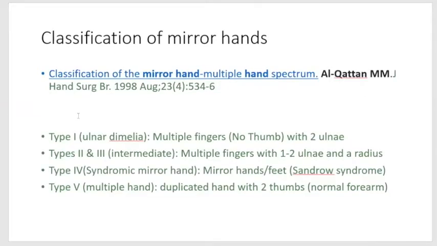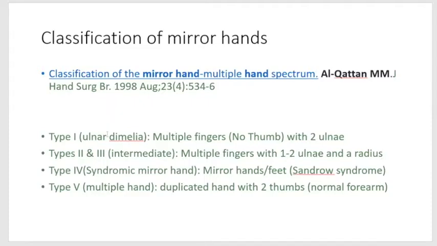Now, I was lucky that in 1998, I thought to write a short paper to the British Journal of Hand Surgery at the time on the classification of mirror hand, multiple hand spectrum. Until now, this is the classification of mirror hand deformity that you find in textbooks, including Green's.